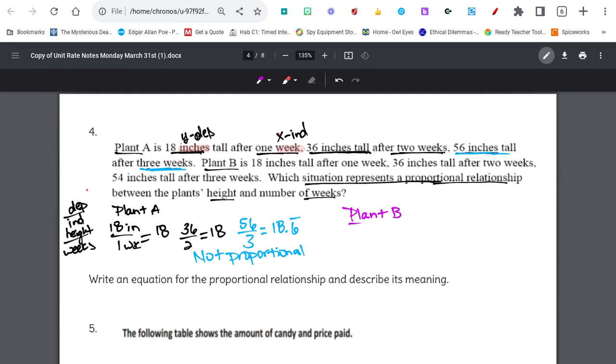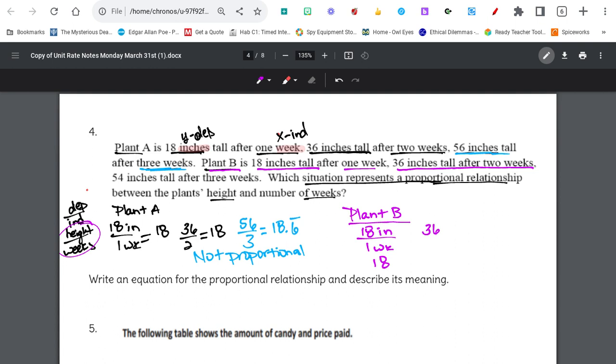Sorry, that's my desk that keeps squeaking. All right, plant B is 18 inches tall after 1 week. So I still can do 18 because I'm doing height divided by weeks, dependent divided by independent. 18 inches divided by 1 week gives me 18, okay? It's 36 inches tall after 2 weeks.